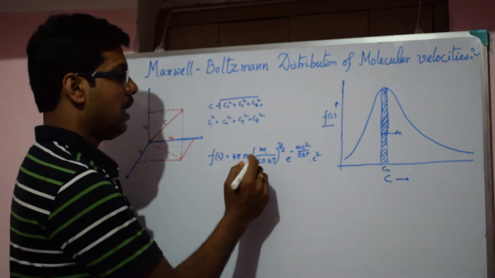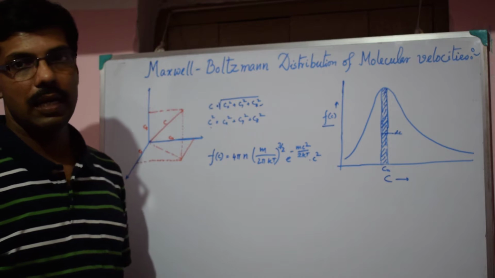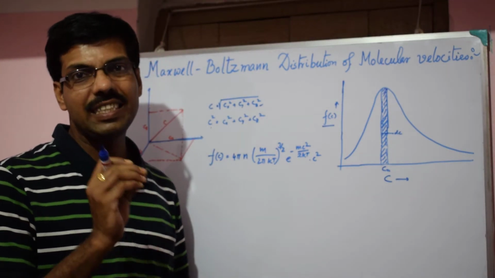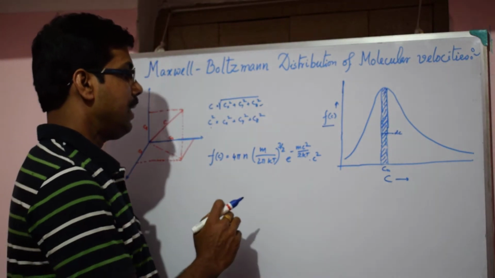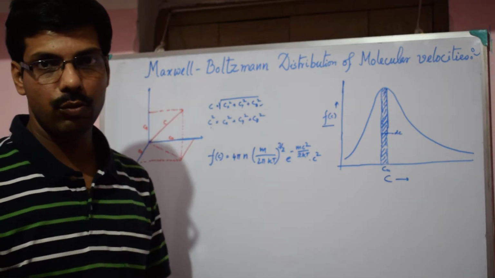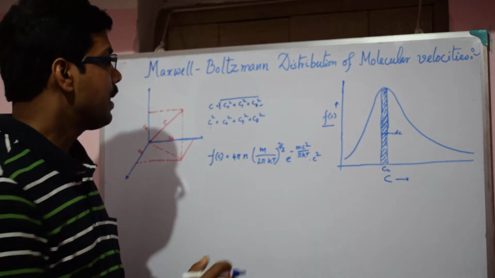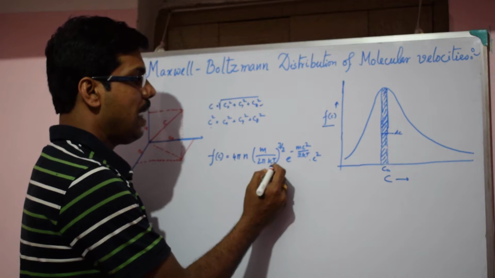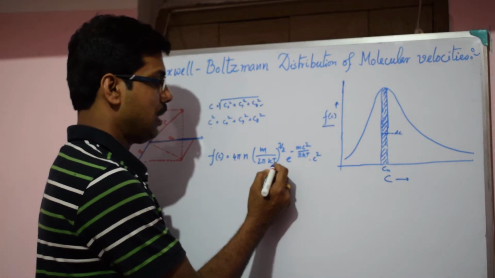Here m is the mass of each molecule, n is the total number of molecules contained in the gas container, k is the Boltzmann constant, and T is the absolute temperature.